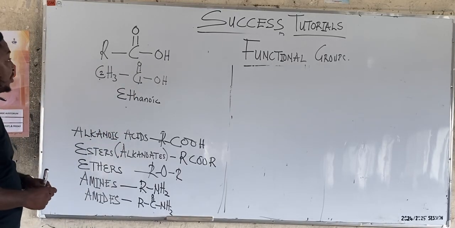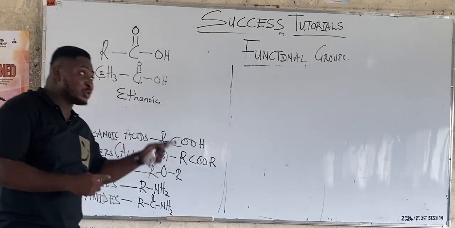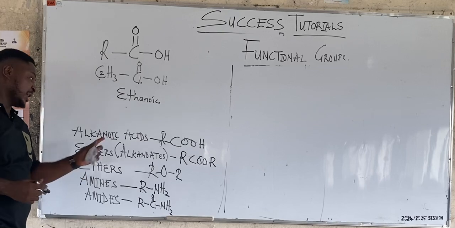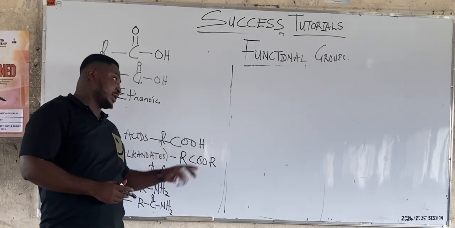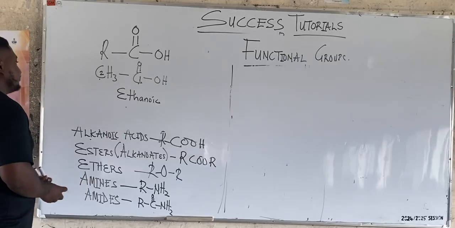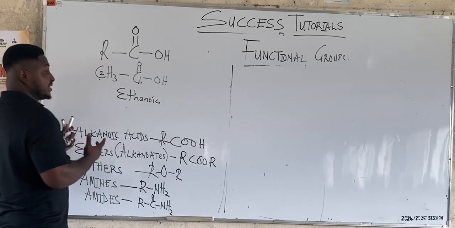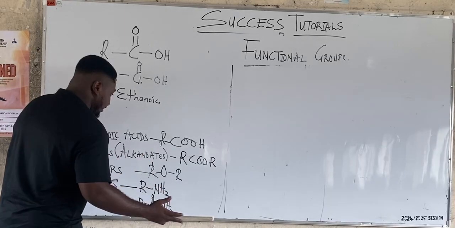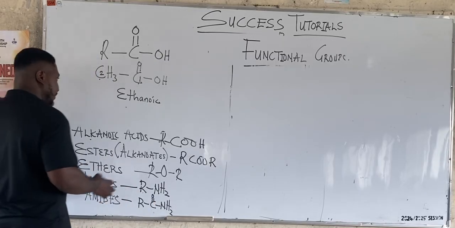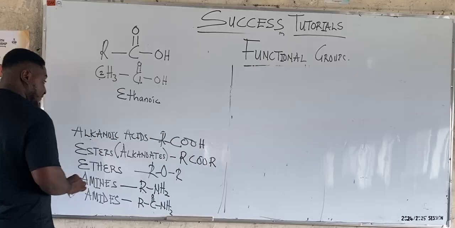The carbon in the COOH, even though it's part of the functional group, is also part of the chain. Ethanoic acid. So they are named with -oic. Which is 3 carbons, propanoic; 4 carbons, butanoic, as the case may be. Now that's alkanoic acids for you.